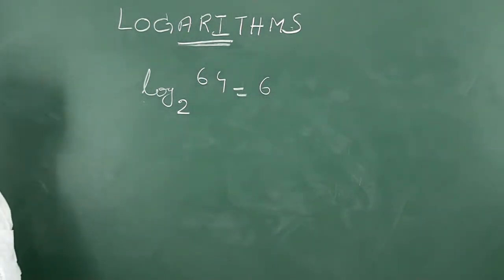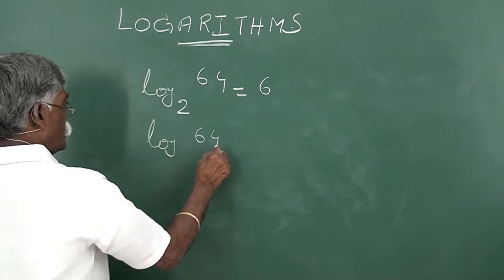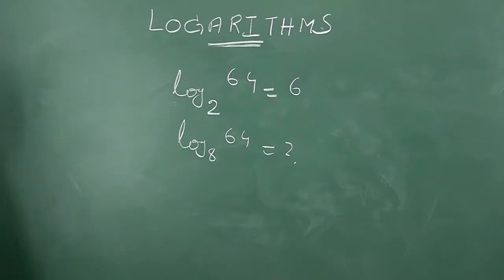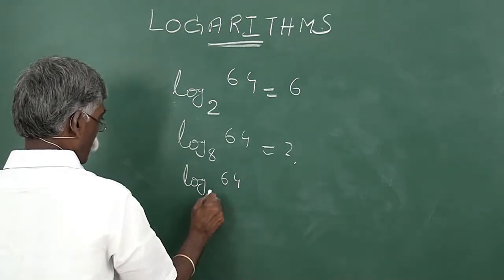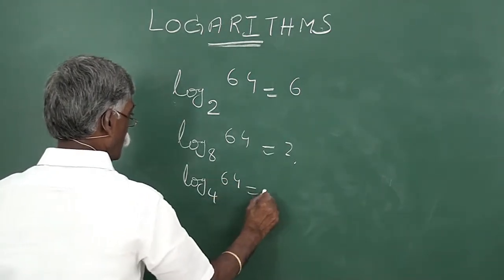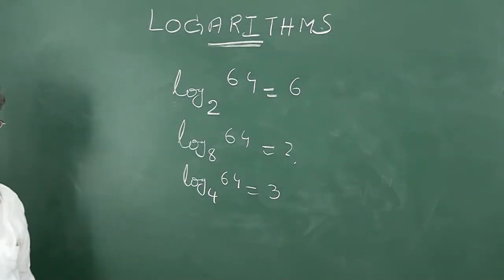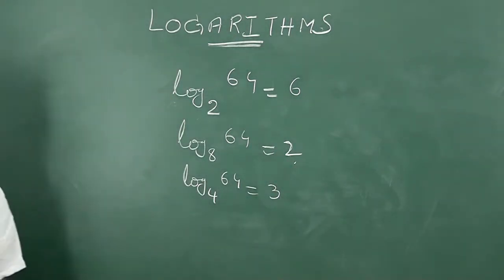So logarithm of 64 to the base 2 is 6, and logarithm of 64 to the base 8 is 2, because 8 square is 64, and logarithm of 64 to the base 4 is equal to 3. We have calculated the logarithms of the same number for different bases.